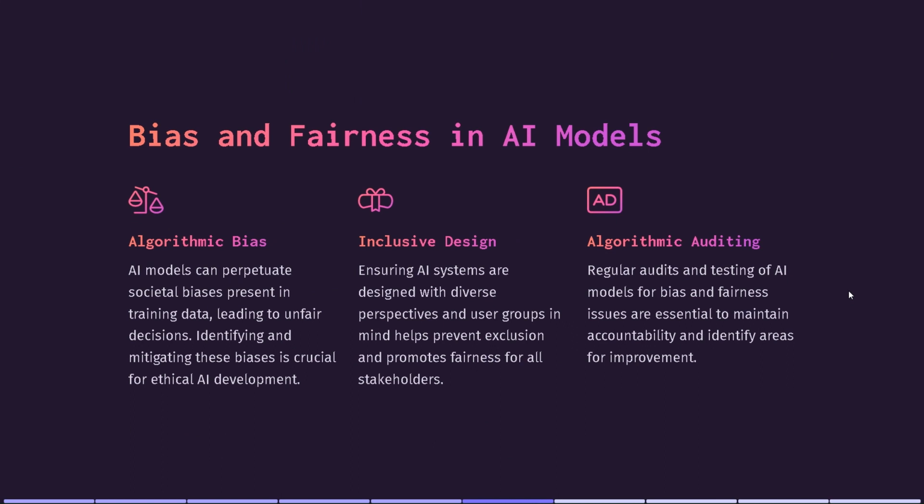Inclusive design ensures AI systems are designed with diverse perspectives and user groups in mind, helping prevent exclusion and promoting fairness for all stakeholders. Algorithmic auditing means regular audits and testing of AI models for bias and fairness issues, which are essential to maintain accountability and identify areas for improvement.